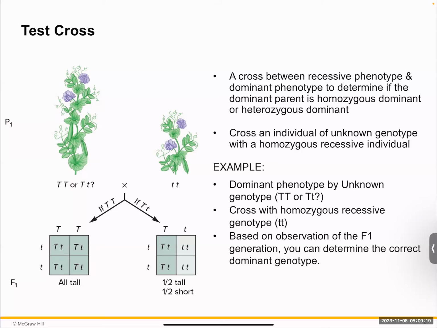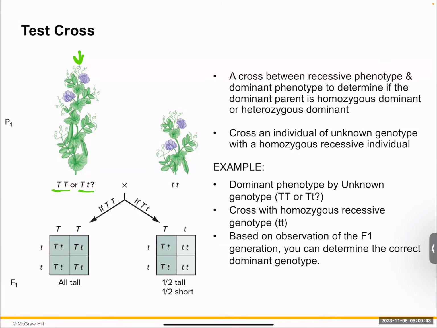So the genotype of a tall plant can be homozygous dominant or heterozygous dominant, because all I need is one copy of the capital T for my plant to represent a phenotype of tall.